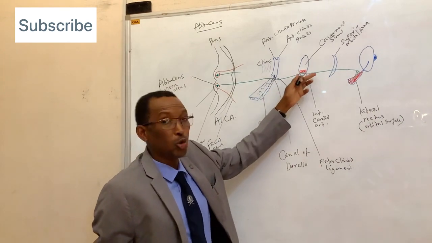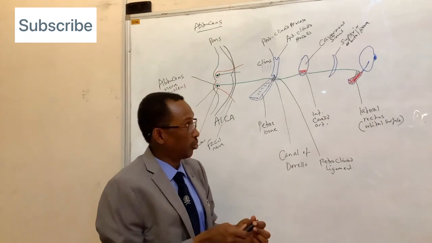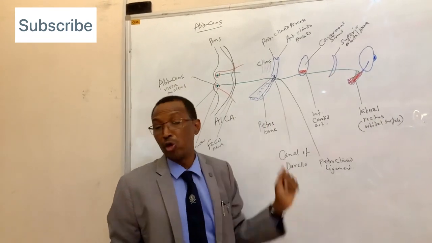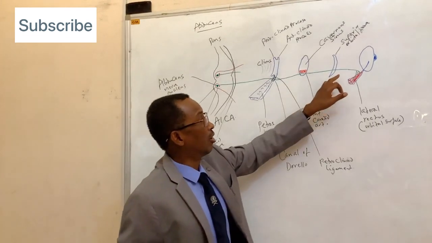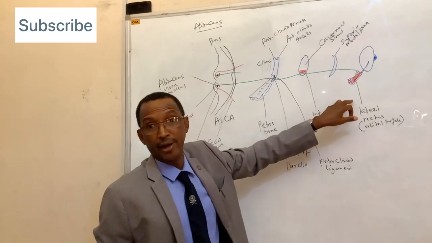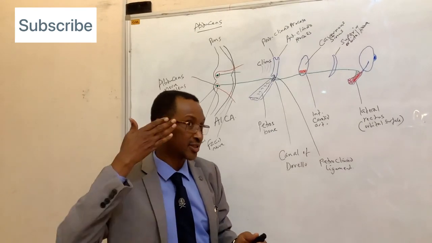It gets out of the cavernous sinus, goes into the superior orbital fissure, and from the fissure it enters the orbit. As it enters the orbit, it goes to the lateral rectus muscle, which is just a flat muscle like this.